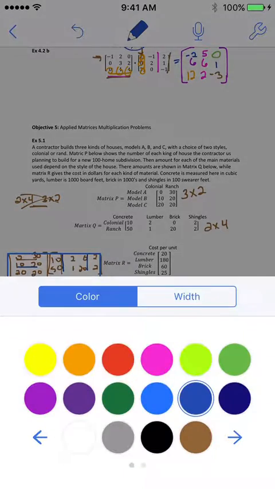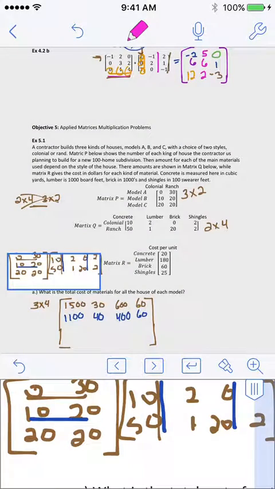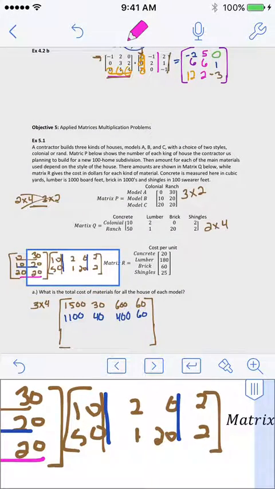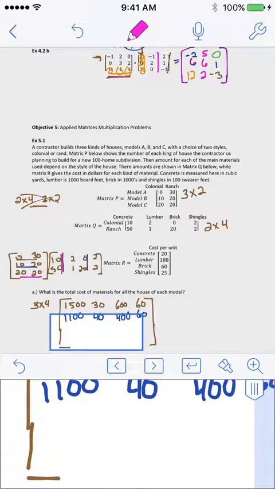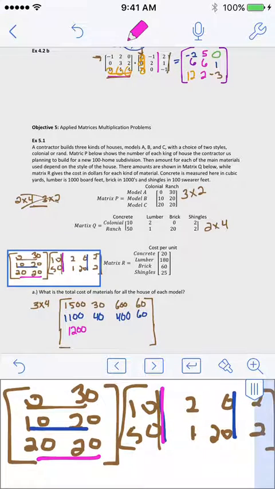And finally, we'll do the last row. So this last row times this first column would be 20 times 10, which is 200, plus 1,000, that gives us 1,200. And then we take that third row, second column. 20 times 2 would be 40, plus 20 times 20 is 400.